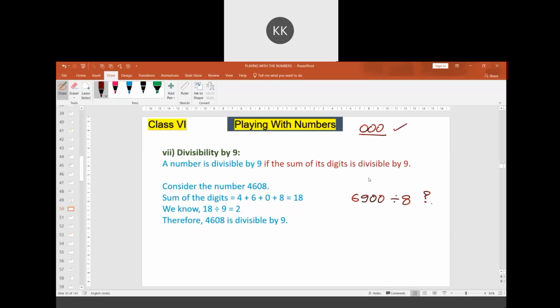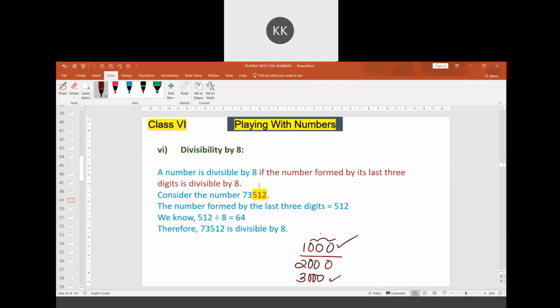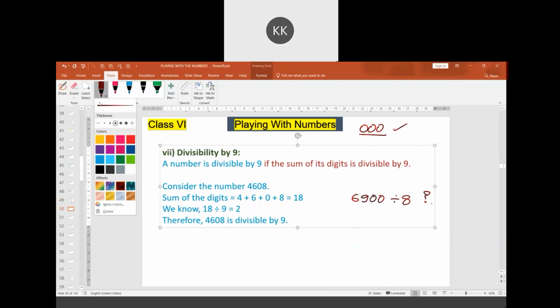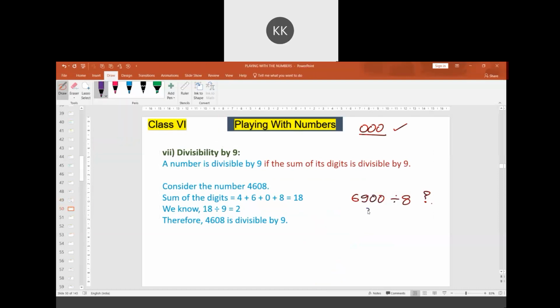And one more explanation is also given. You can see the number found by the last three digits. Here, what is the number found by the last three digits? It is 900. Is 900 divisible by 8? That is what we need to check. If the number 900 is divisible by 8, then the number is divisible by 8.